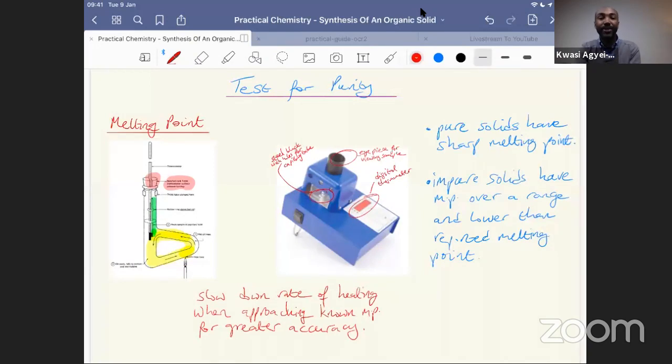So testing for purity of an organic solid requires you to measure your melting point accurately.